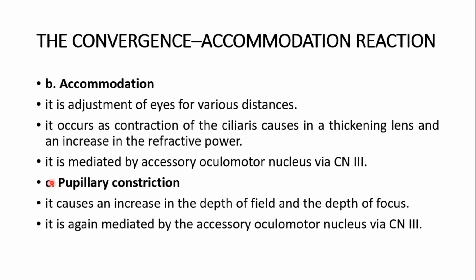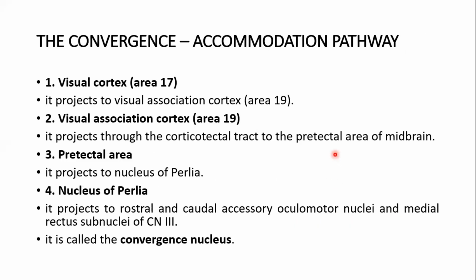Its third component, first is the convergence, then the accommodation, and the third is the pupillary constriction. It causes an increase in the depth of the field and the depth of the focus. It is again mediated by the accessory oculomotor nucleus via cranial nerve 3, oculomotor nerve.